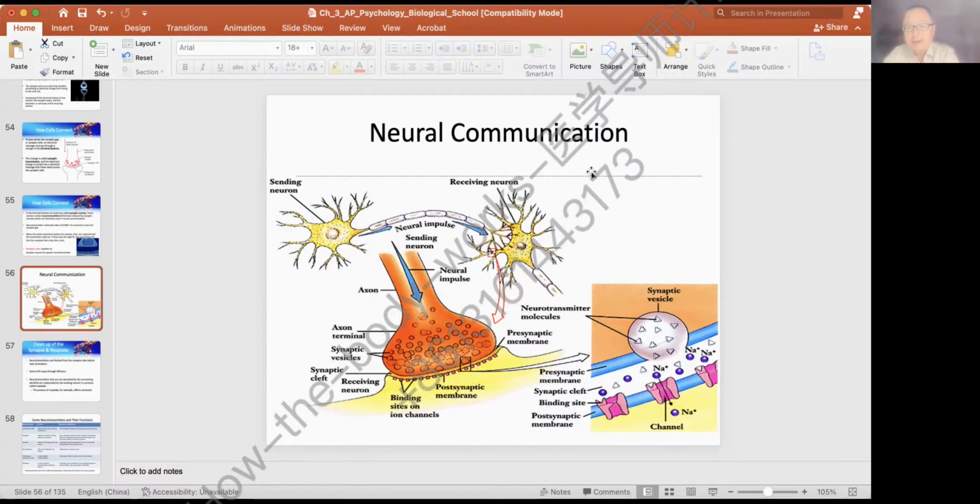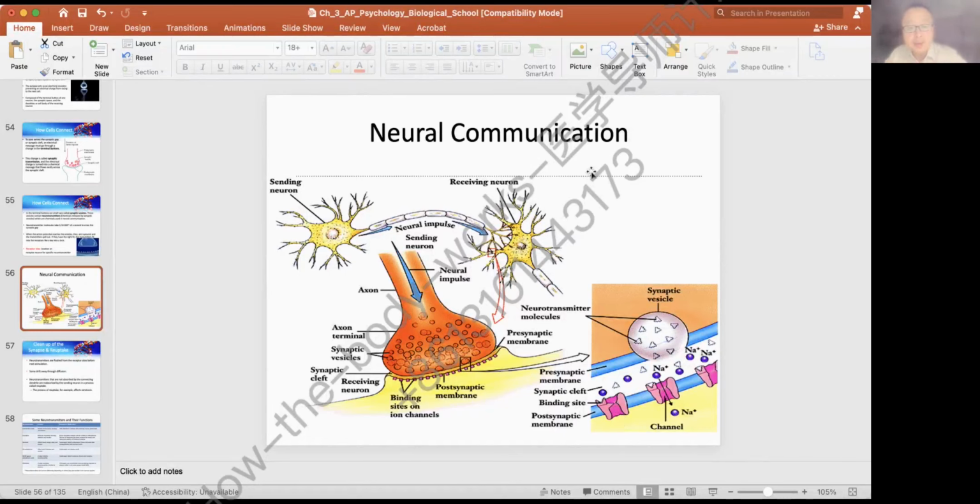Okay, so up to now, we have talked about two parts of the nerve cells' mechanism. One is within one nerve cell, how the nerve cell excites itself and how to make itself come back to the peaceful situation and come to the resting potential, which is minus 70 mV as the transmembrane potential.